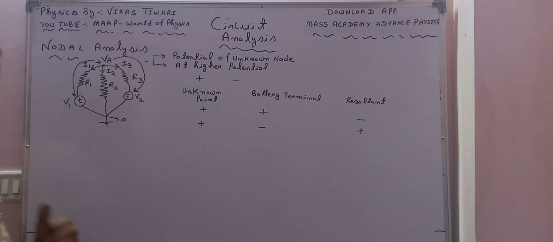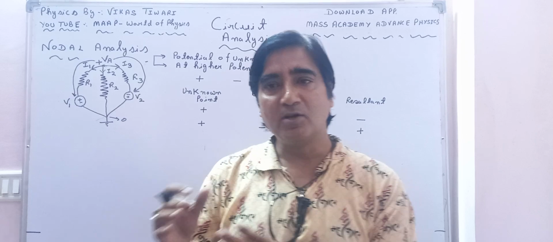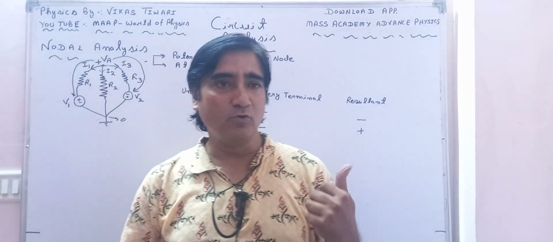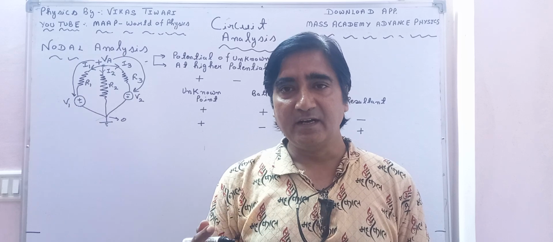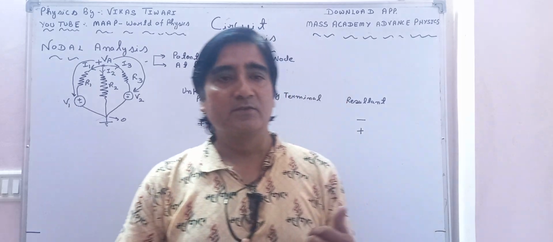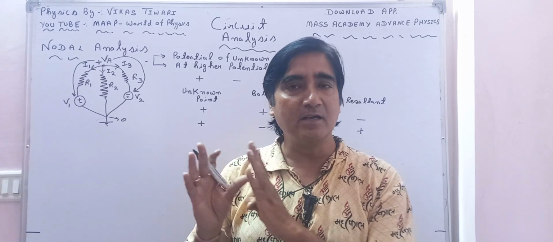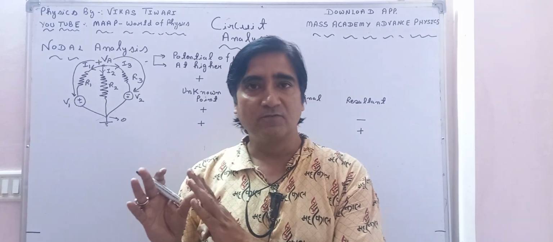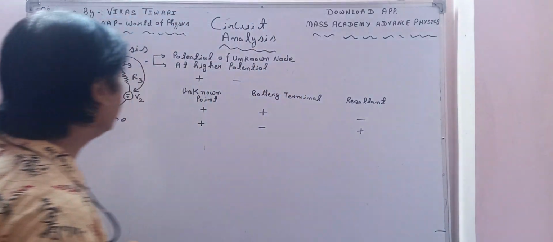And one more thing: the number of nodes decides the number of equations. If there is one node, one equation is formed. If there are two nodes, two equations are formed. If there are n unknown node voltages, there are n equations.